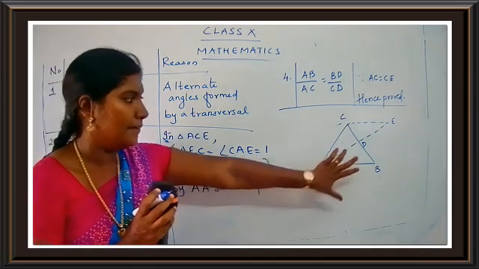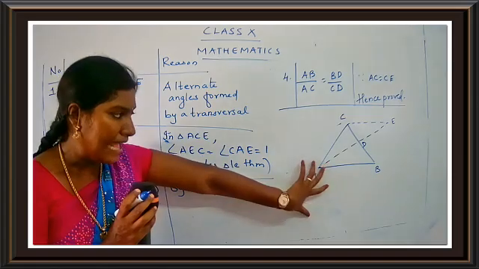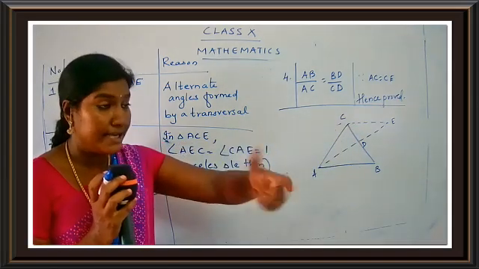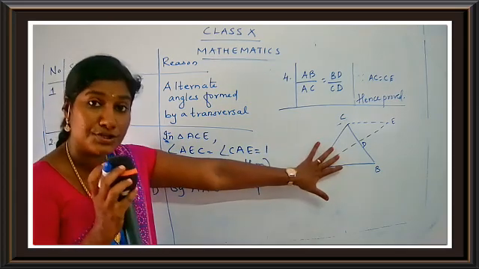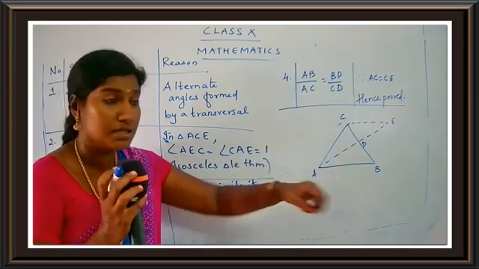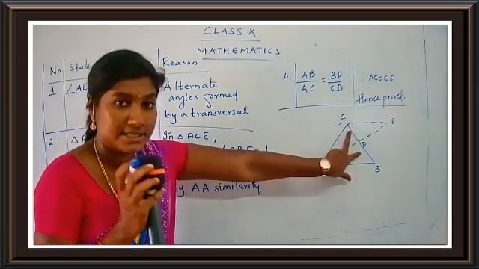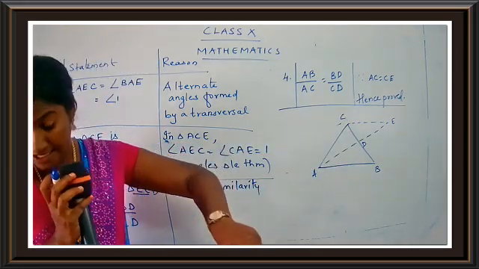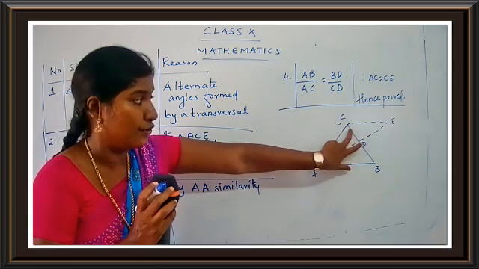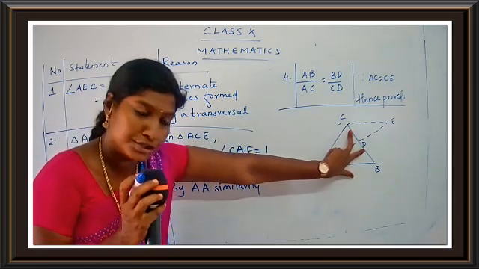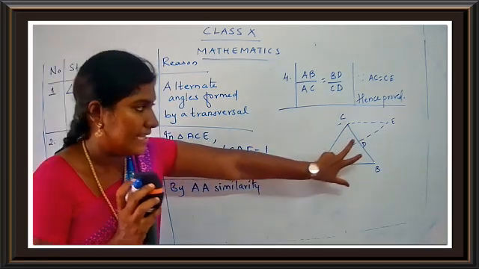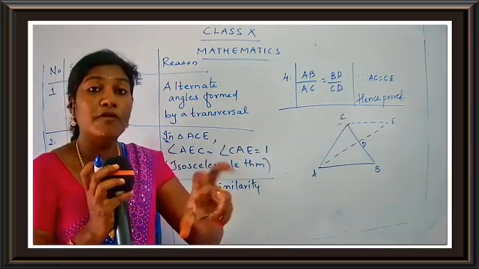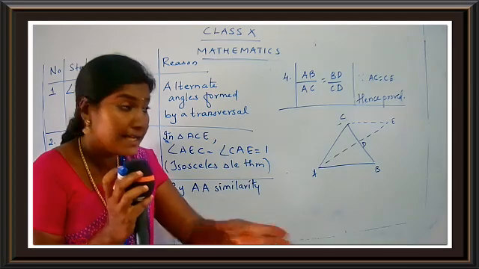The internal bisector of an angle of a triangle divides. What is the internal bisector doing? It divides the opposite side internally in the ratio. That means AD divides BC in the form of a ratio. So how are you going to write that?